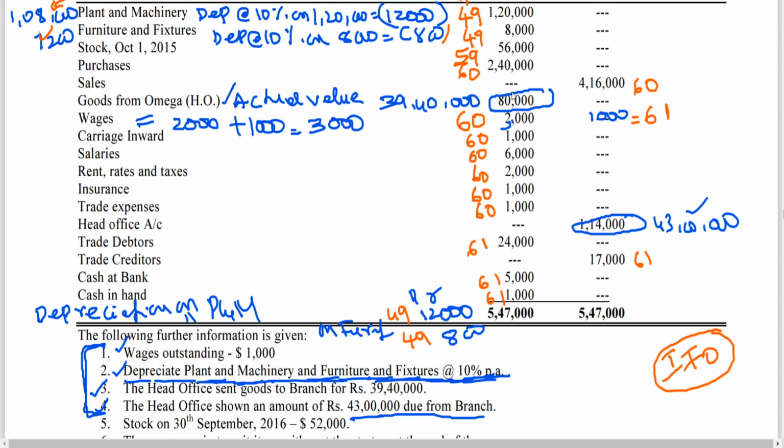The reason is that when you maintain ledger accounts in your own currency, the trial balance will tally. When you convert the foreign currency into the reporting enterprise's currency, in this case the home head office currency, you will definitely have a difference in exchange. That is what I was explaining in the last class.